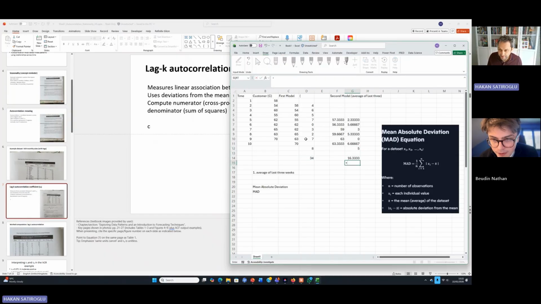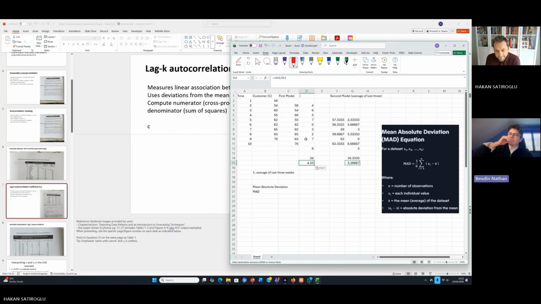So it's basically the sum divided by the number of observations. So that's just the average. Okay, I understand the equation now. This is the first formulation.